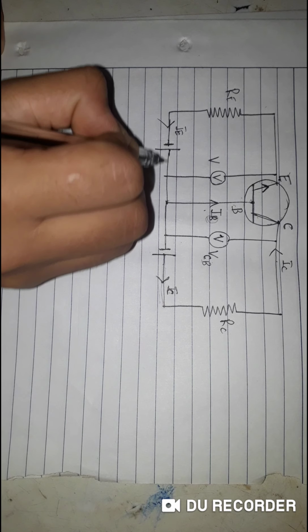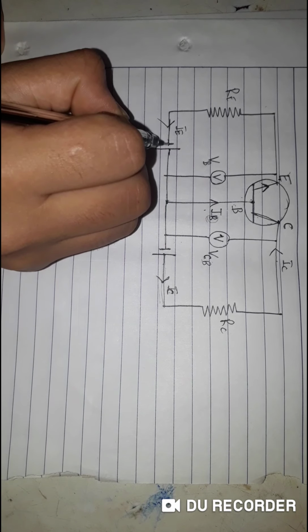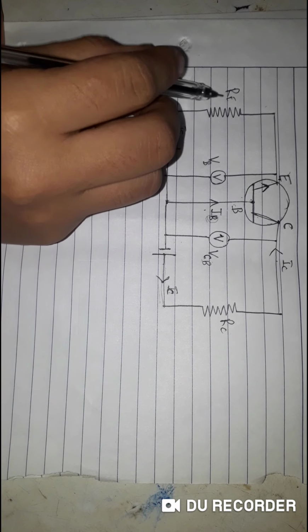And here the positive terminal is connected to the base, so we'll write B first, and then the negative terminal is connected to the emitter, so I'll write E afterwards. So this is the final figure. Let me write it. This figure is of an NPN transistor, common base configuration.